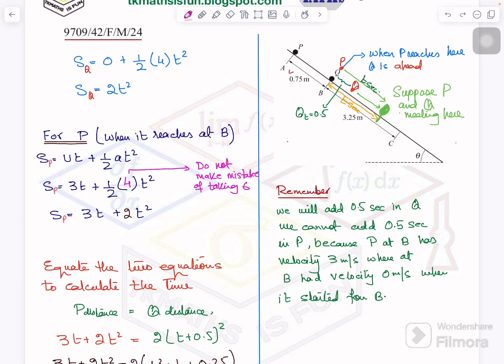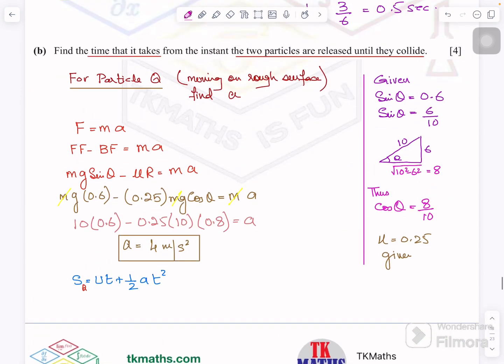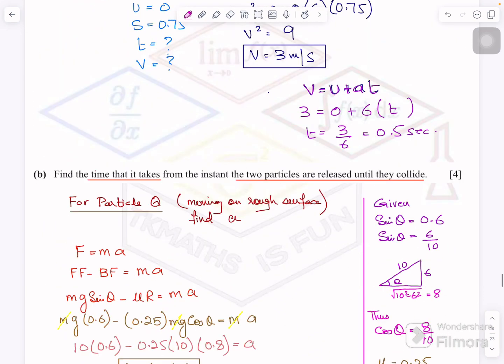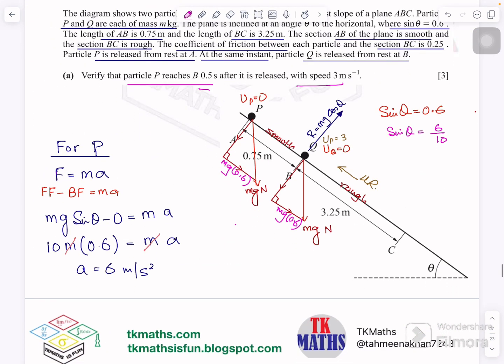I've tried to sketch for every question and explain the situation, and I've written descriptions also so that you can understand the working I have done here. And if I'm writing here, do not make the mistake of taking 6, because in part 1 we had to verify the speed 3, so we found the acceleration.